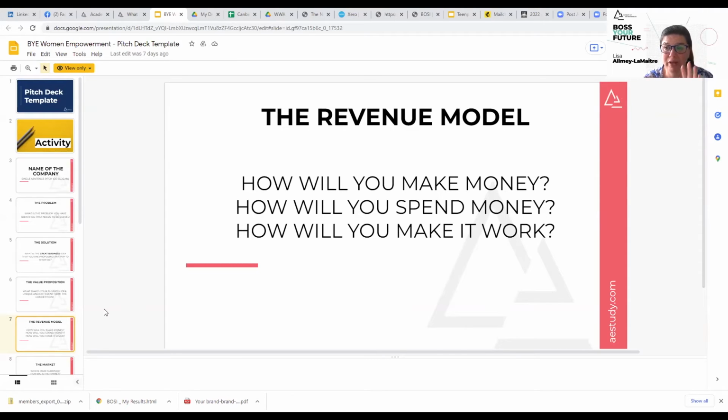But until you look at what you need to be paying for, then you don't know how much money you need. Then the revenue model, this slide doesn't really say it, but the revenue model is about how much your product will actually cost. And you can't work that out until you know how much your business expenses are.